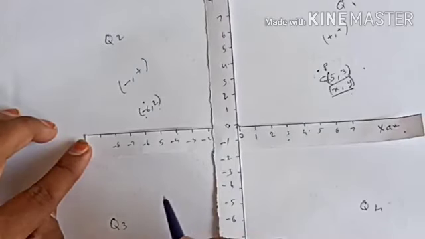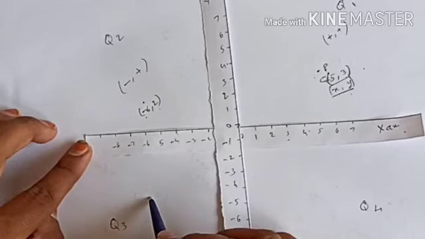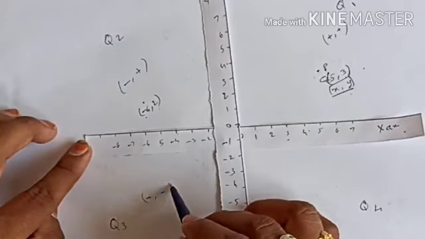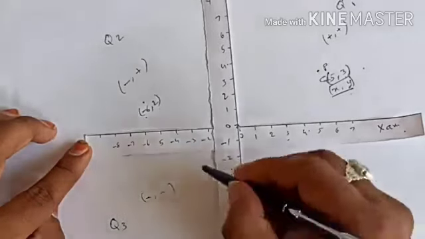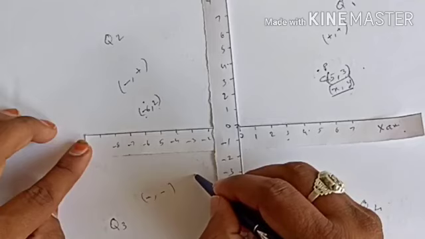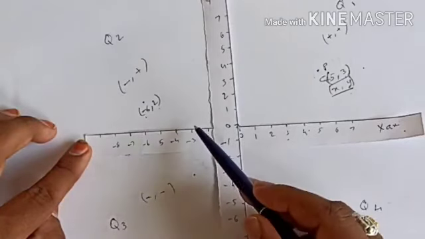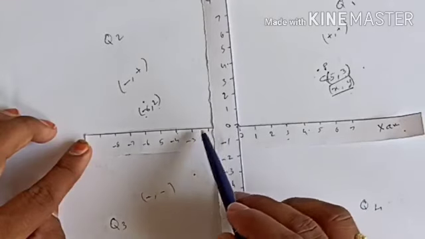In quadrant number 3, x will be negative and y will also be negative. To check it, if I place a point here, what are the coordinates of this point? From the y-axis it is 3 units distance: 1, 2, 3 units.